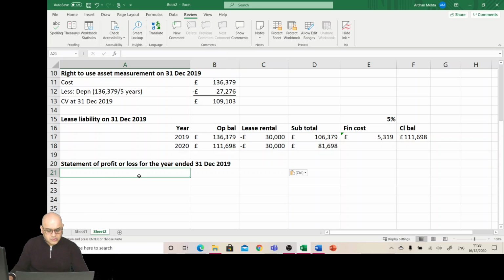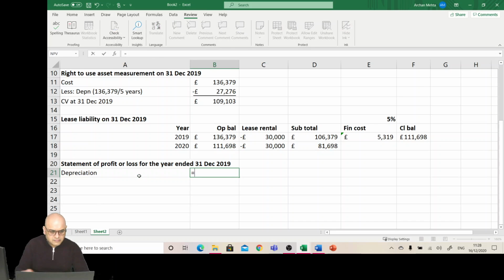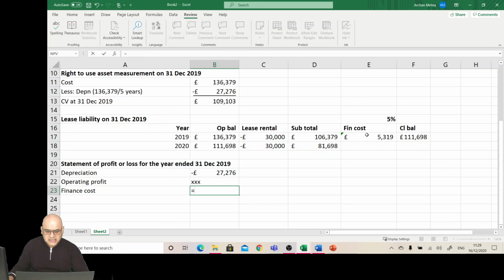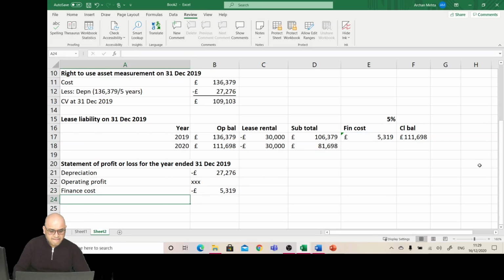Okay, so starting with depreciation, which is this much, then operating profit, okay, and then finance cost for 2019, which we worked out to be 5,319.